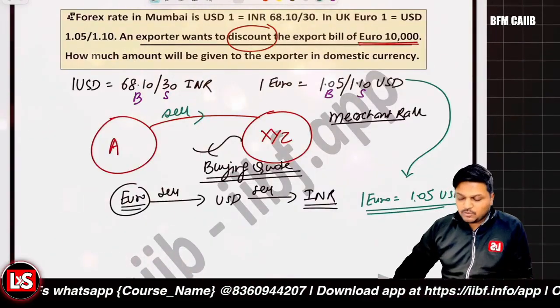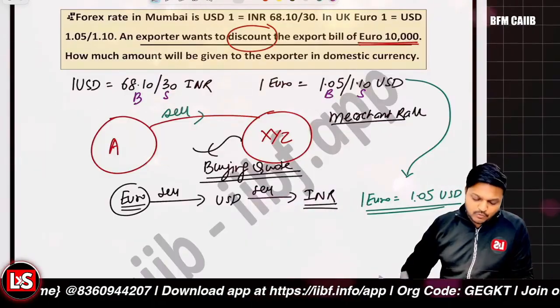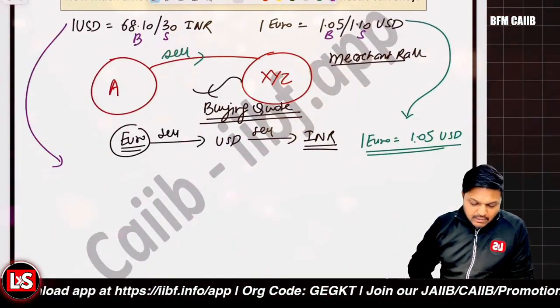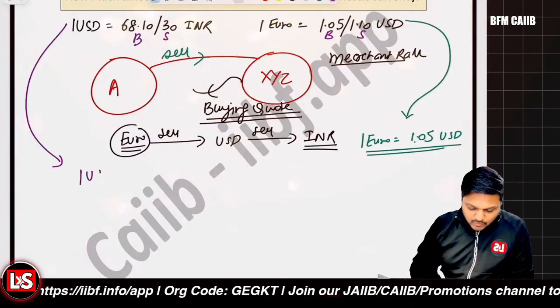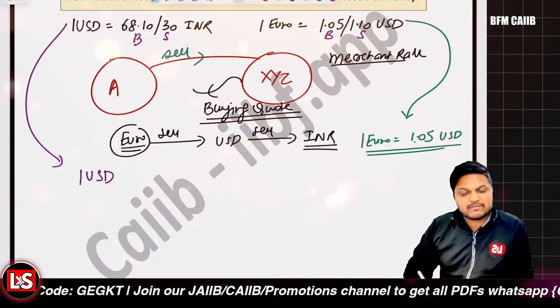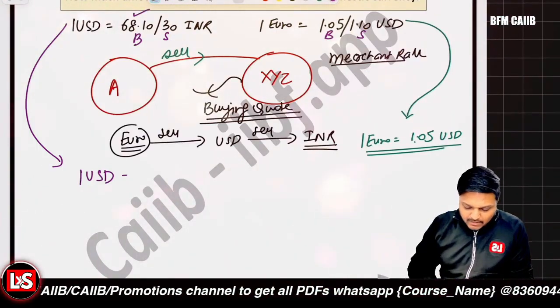It is 1 euro is equal to 1.05 USD. Now, once you are having the USDs with you, you'll be selling the USDs from the second equation. So the rate to be picked up is, you are to sell and you will be able to sell at a price at which the bank is ready to buy. So again, the buying quote would be applicable.